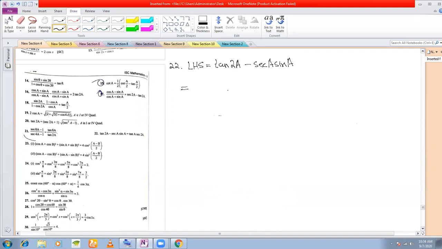So what you do here is, you change tan 2a to sin 2a by cos 2a. Okay. Or better still, what you do here is instead of changing to sine and cos, you write this as 2 tan a, the multiple angle formula.